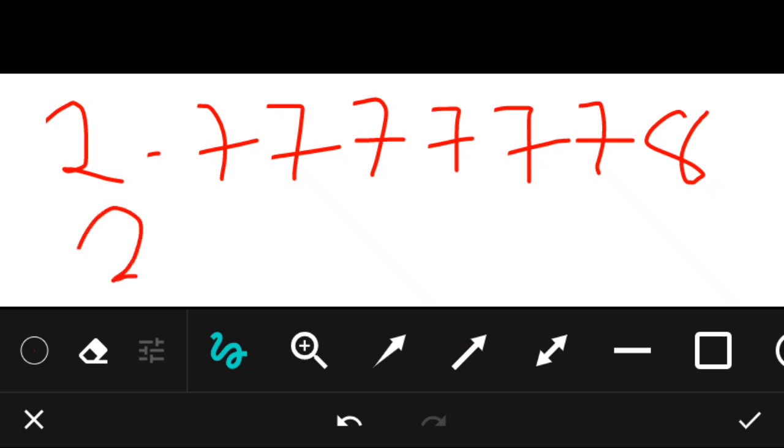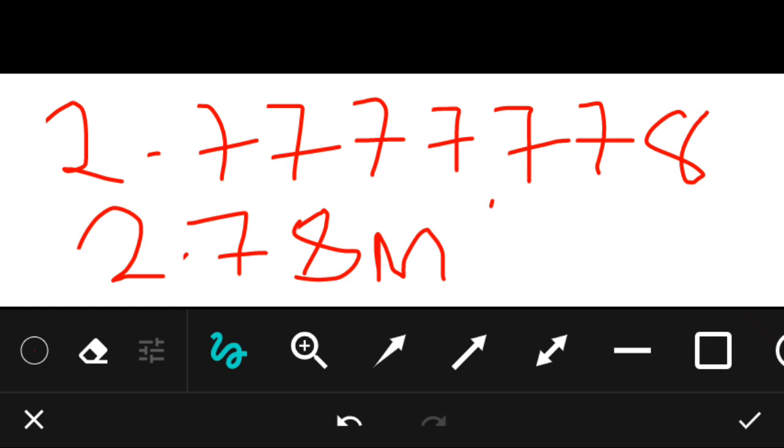So when you round off that one to three decimal places, you're supposed to get 2.8 meters per second. So that's the answer. Okay, that's the answer you're going to get. Now there's a quickest way to do that.